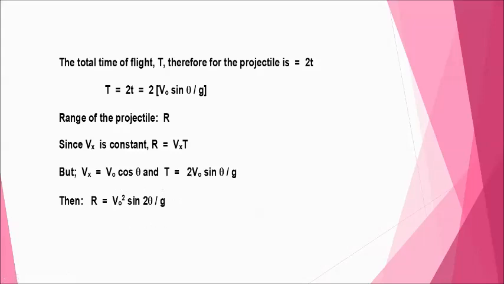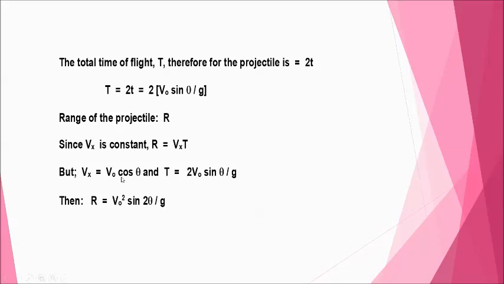Someone asked, why was sine used? Shouldn't it be cosine theta, sine theta? Now, you review your trigonometric identities. There's an identity that says cosine theta, sine theta is equal to, if I remember it right, 1/2 sine 2 theta.